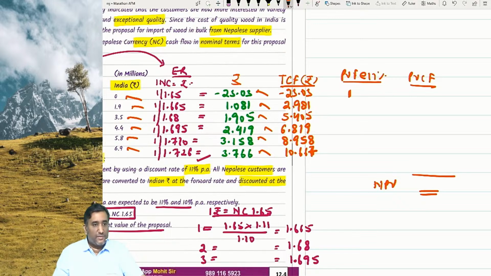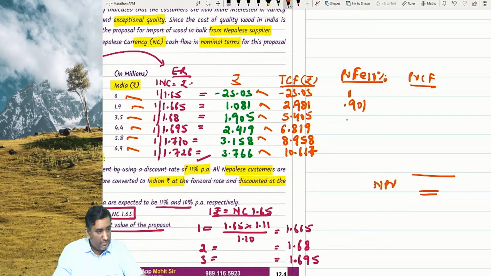Present value factors 11%. Present value factors are 3 decimals, 0.901.